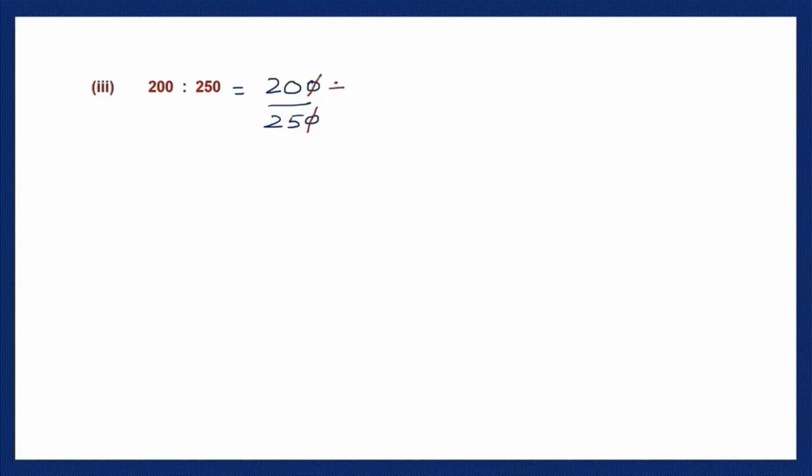I can divide both by a common factor 5. Both are divisible by 5. Now let's see what we get here. 5 4's are 20 and 5 5's are 25. So we have got 4/5. When I write it as a ratio, I get 4:5. So this is my final step. I need to bring it back to a ratio.